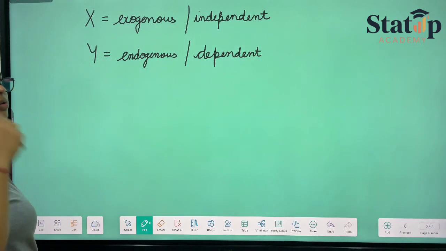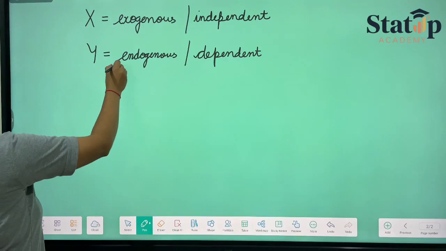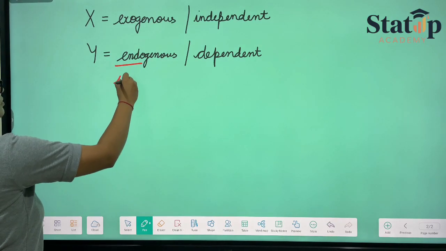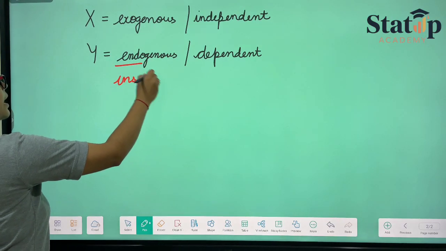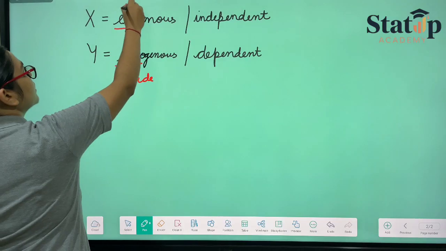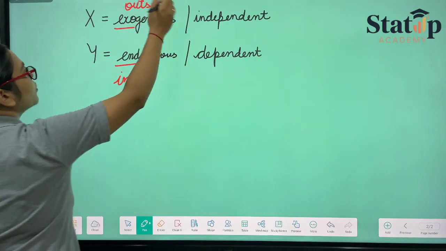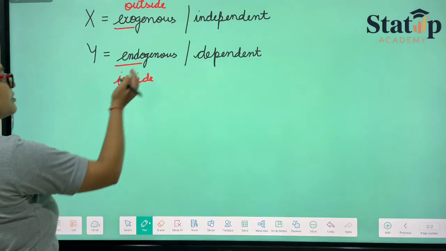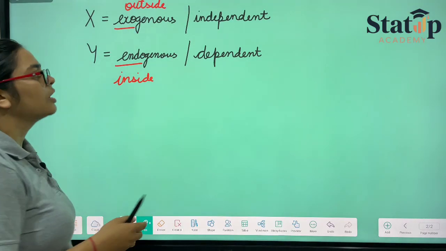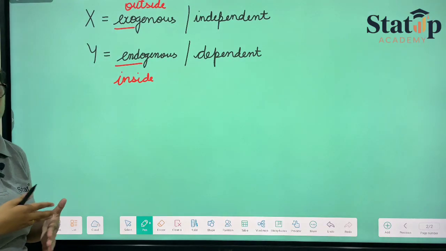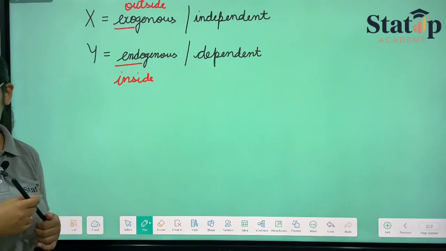So you can also learn it by endo, which means inside, and exo, which means outside. Someone who lives outside their home is independent, and someone who lives inside their home is dependent. So by this you can learn exogenous and endogenous variables.